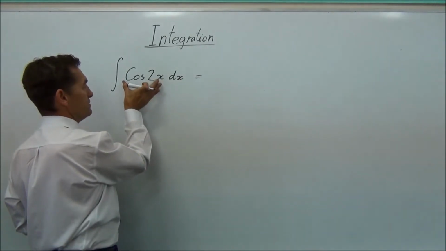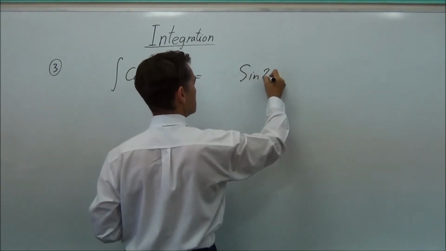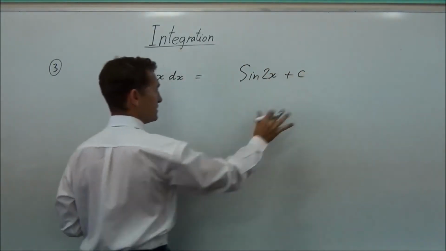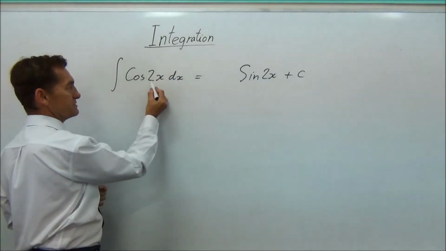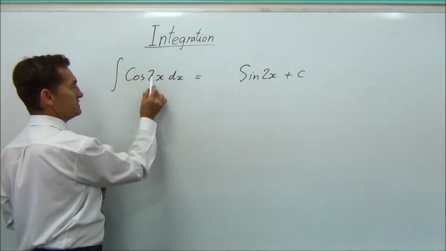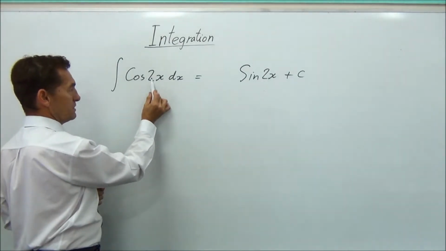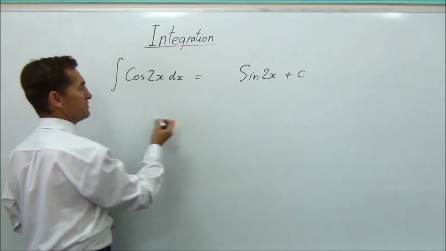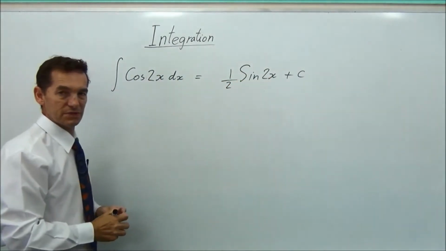So integrate cos 2x and you still end up with sine 2x plus c. That bit's the same. The difference is you've now got to deal with this. So if this is an integration, you're going to differentiate what's in here, which is 2, put it in front and underneath. So I'm going to get 1/2 sine 2x plus c.